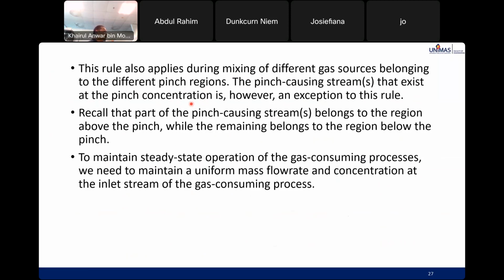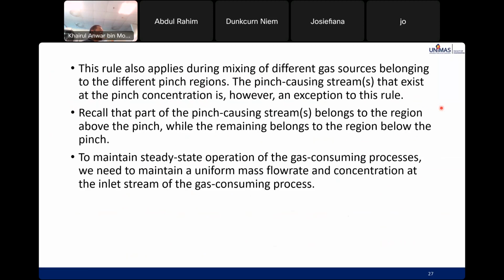We call that part of the stream causing the pinch belong to the region above the pinch, while the remaining belong to the region below the pinch. This second statement you can refer to the one that we learned last week.